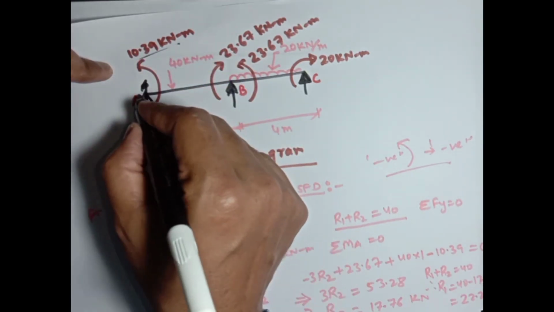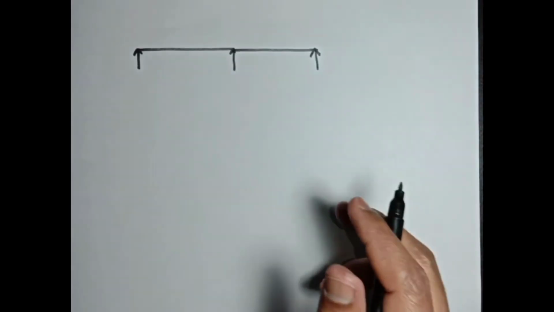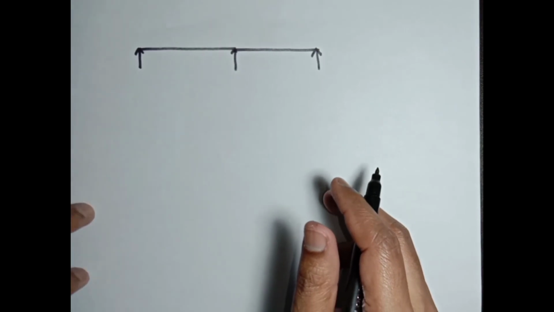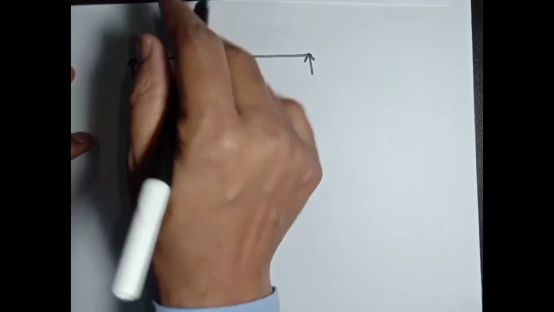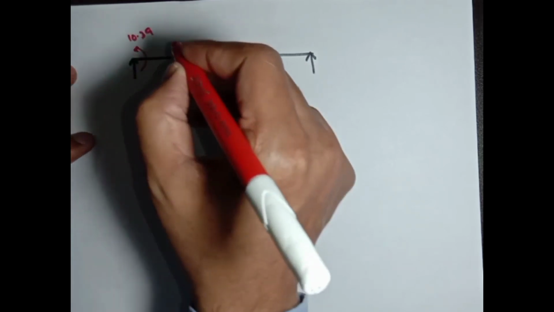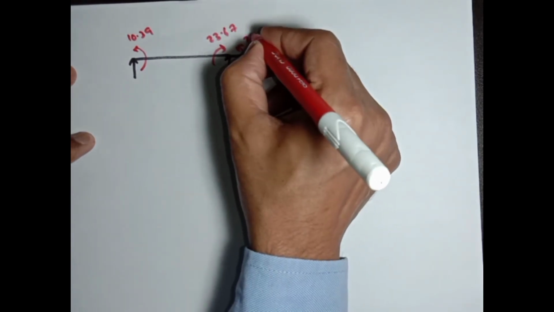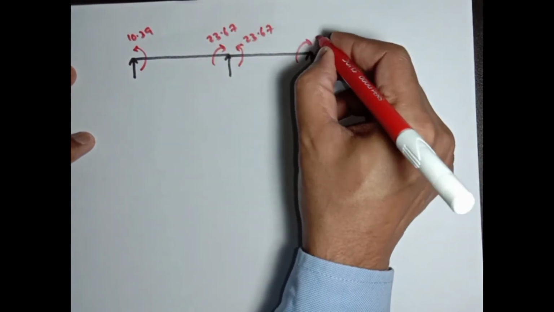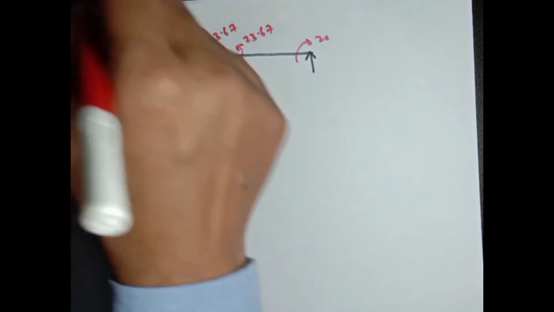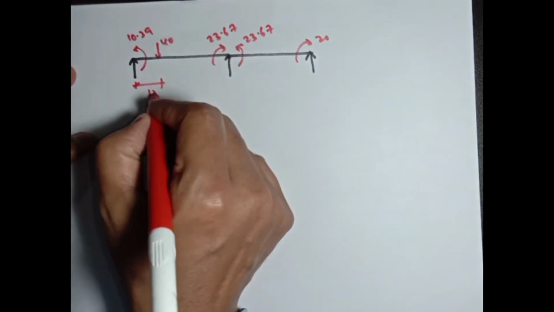Now the loading diagram will be here. Load values are as per the calculated moments from the moment distribution table, where the value of moment is 10.39, this moment is 23.67, this moment is 23.67, and this moment is the applied moment of 20, and there is a point load of 40 kilonewton acting at a length of 1 meter.